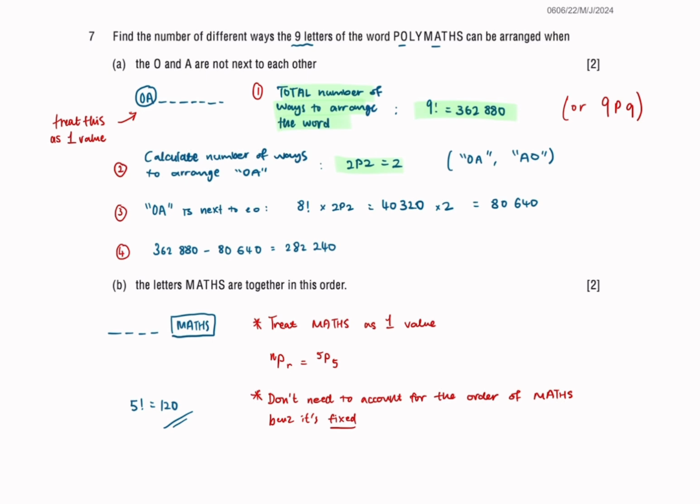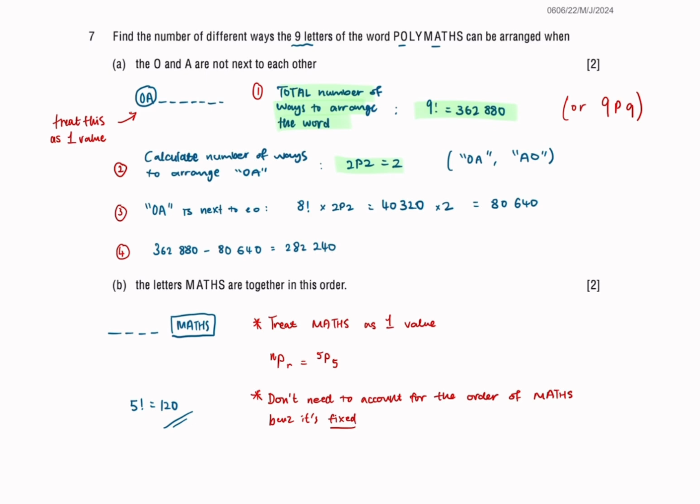And then the next step is to find the number of ways that OA is next to each other in the whole word. To do this, you treat OA as one block. So you have 7 other letters if you take away OA.